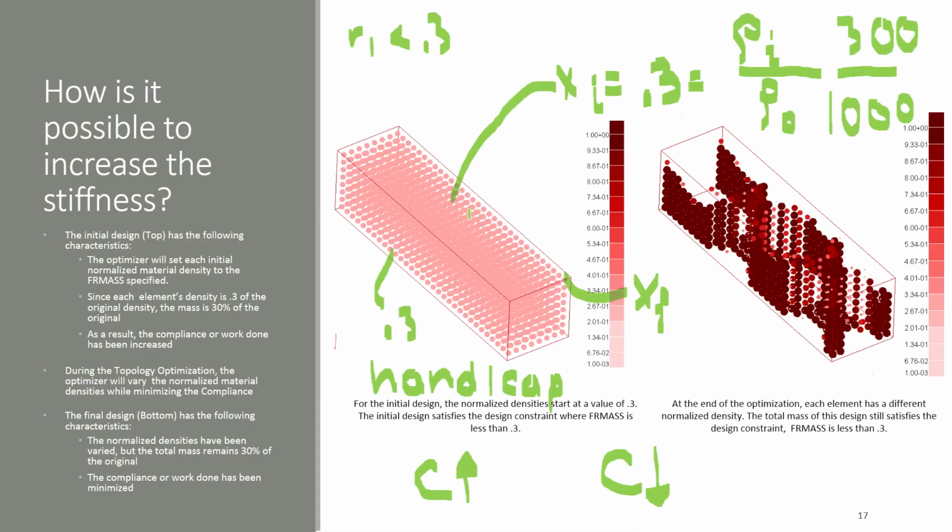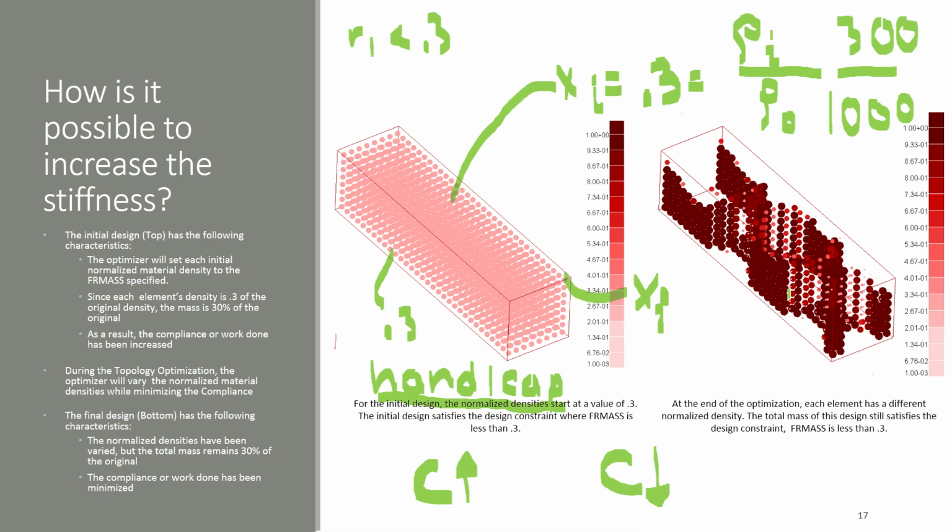So that's how it's possible to increase the stiffness. First, the mass is handicapped compared to the original. This causes the compliance to increase. There's a loss of stiffness there. But then as we minimize the compliance, which is the same as increasing the stiffness, the various design variables are sized differently to eventually get to the optimized design that you see here on the right.